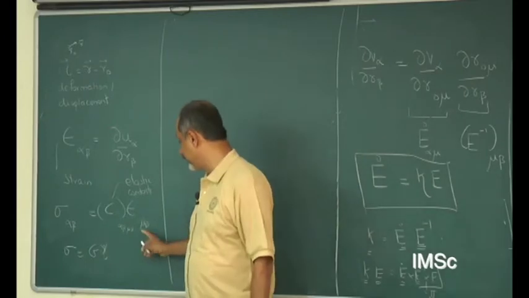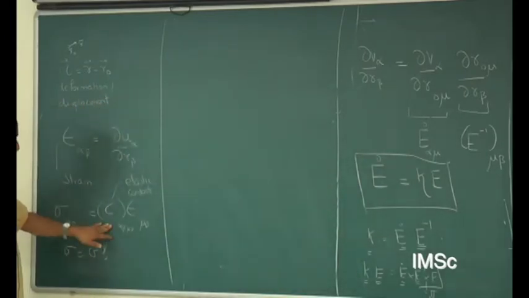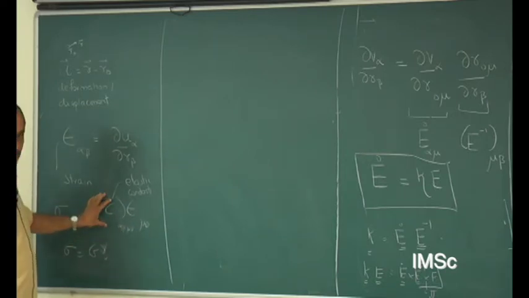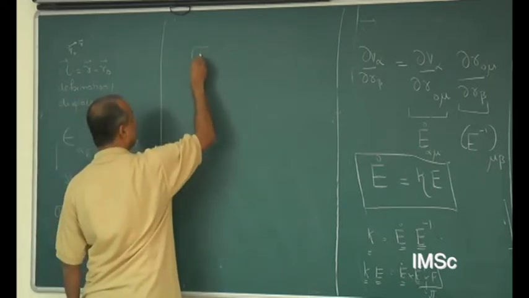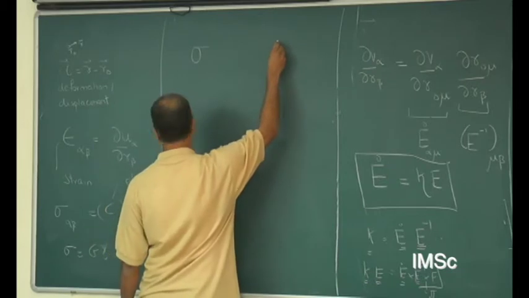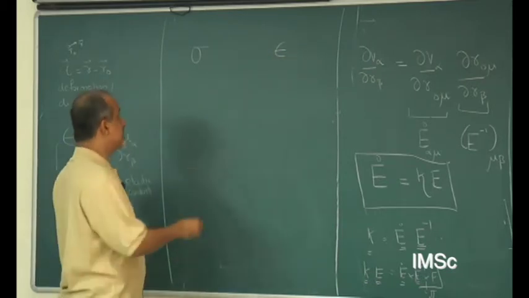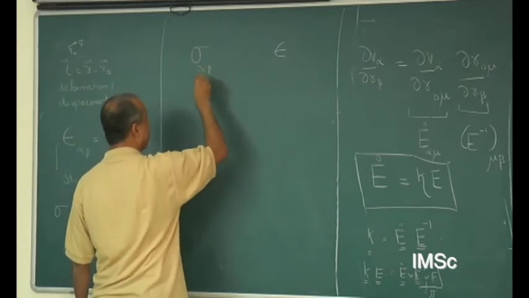Because if I said sigma alpha beta was just some number times epsilon alpha beta, that's making a very specific choice. It's just saying there's a number that connects them. If I have any two tensors, some tensor sigma here and some tensor epsilon here, suppose sigma is required to have indices alpha and beta.